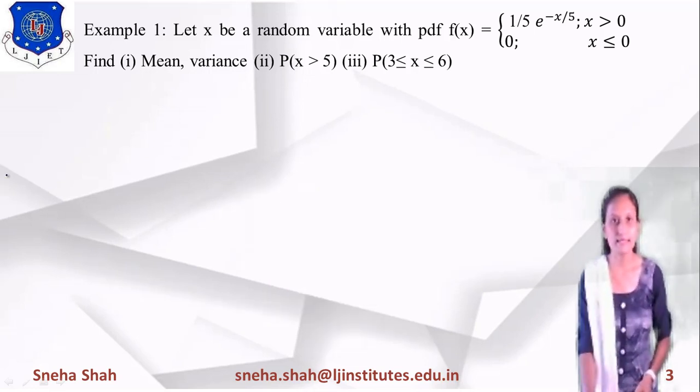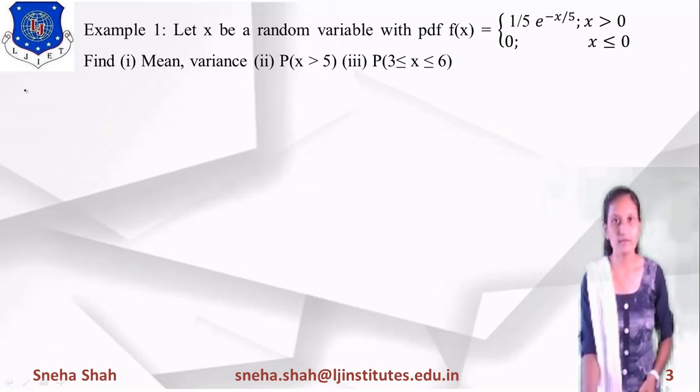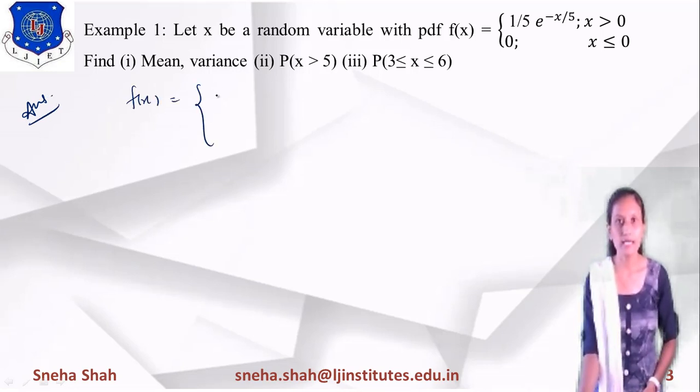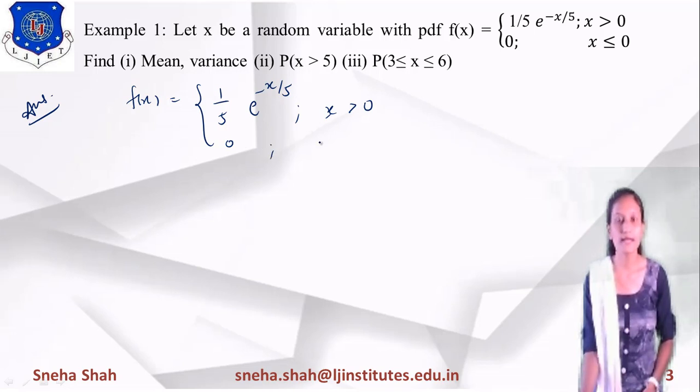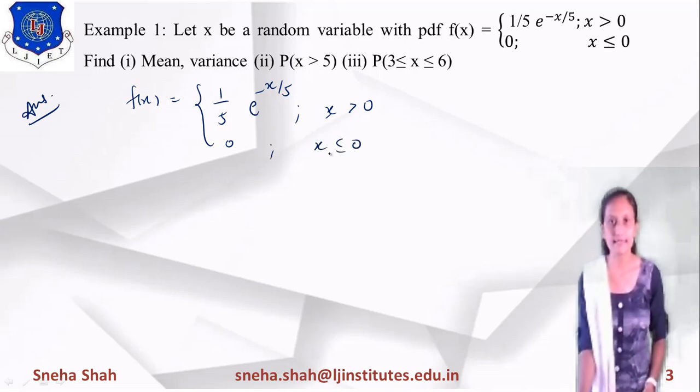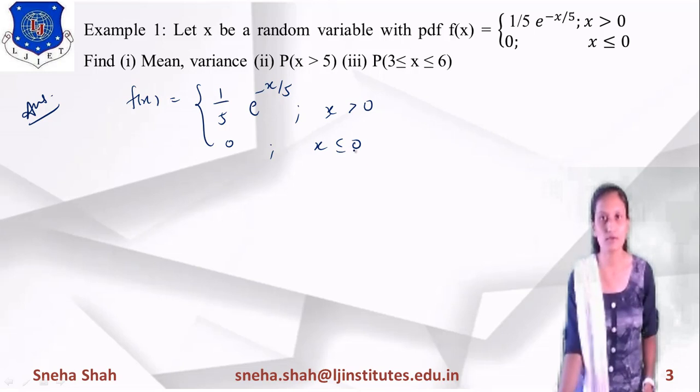So if I want to solve this example, then starting with f of x equals 1 by 5 e raised to minus x by 5. This is for x greater than 0. Otherwise, its value is 0, meaning for x less than or equal to 0, its value equals 0.